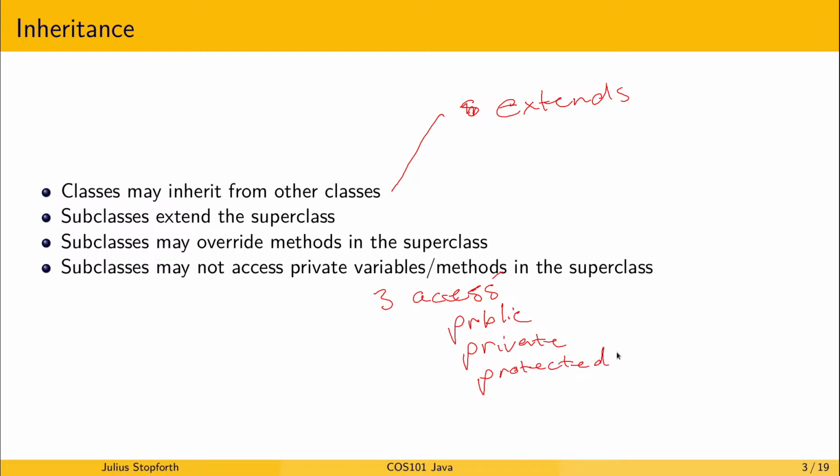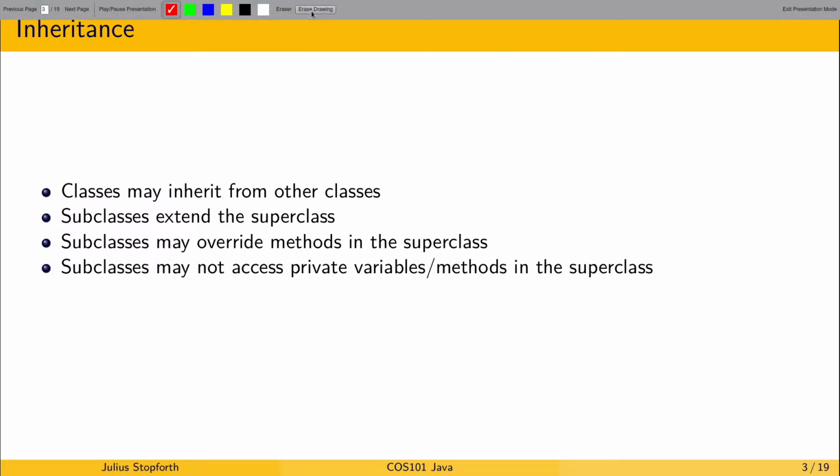Public and private we already knew, and then we learned that protected means that the current class and any subclasses can access something that is protected, but nothing outside of that.